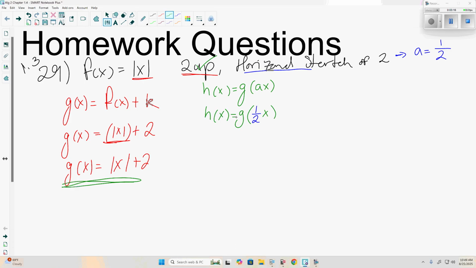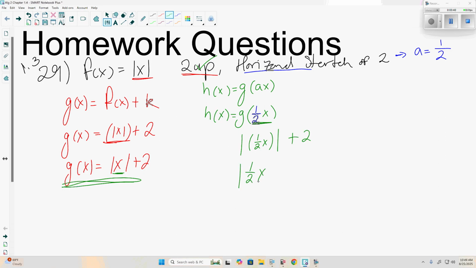Now, we don't have g of x anymore. We have g of 1/2 x, which means every x in g of x has to be switched to 1/2 x. So we'd still have the absolute value bars, but instead of x inside, we're going to have 1/2 x plus 2.